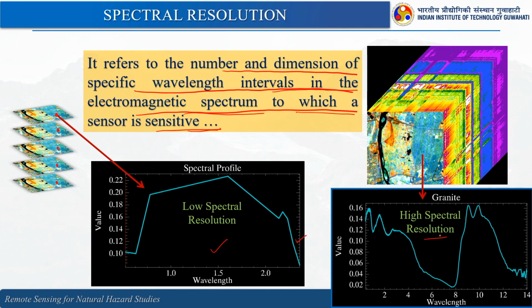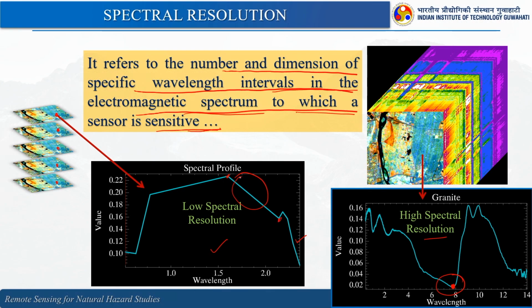So what is the benefit of having high spectral resolution? Because if you remember, light interacts with matter and characteristic absorption features are produced by the chemical composition and the internal atomic structure. So, these absorption features are missing when we have low spectral resolution, because we do not have the information between this point and this point.